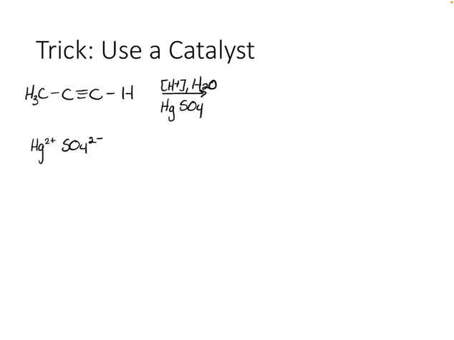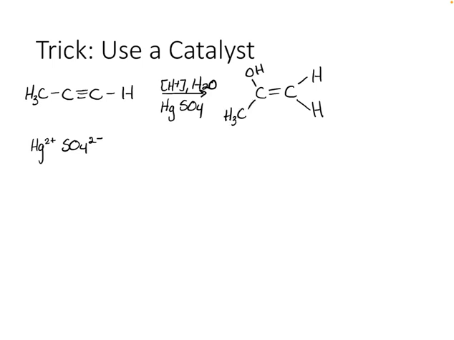So the mercury ion is going to form a bridge across that triple bond, and then an alcohol will come in and bond to the more substituted carbon. So what we end up with is the following. So we add a hydrogen to the less substituted carbon, and then we add an alcohol group to the more substituted carbon.